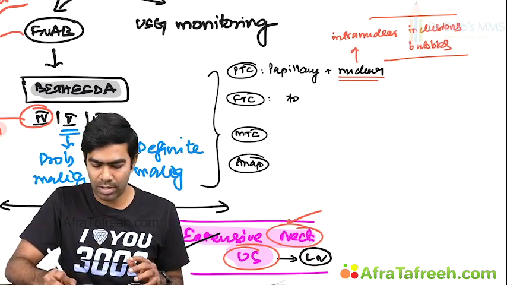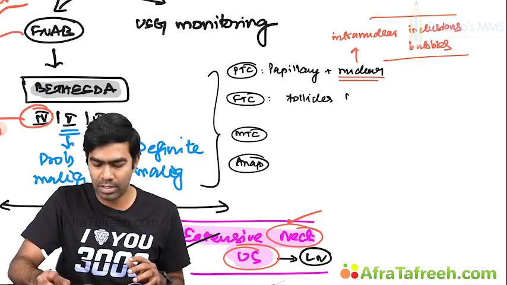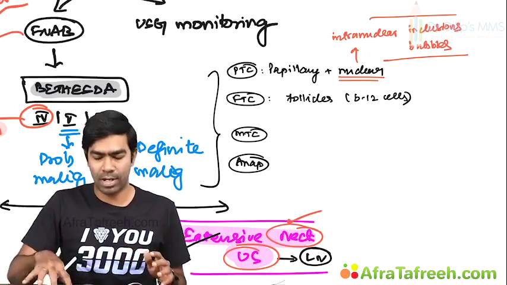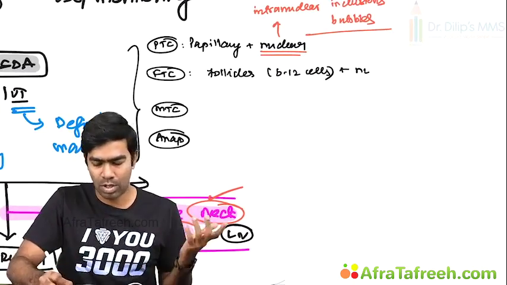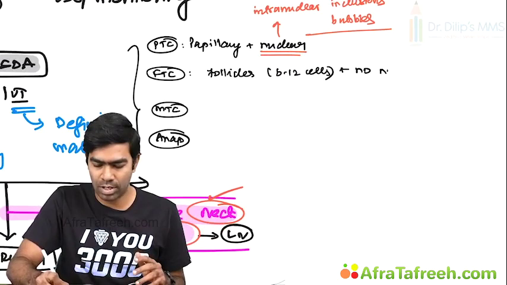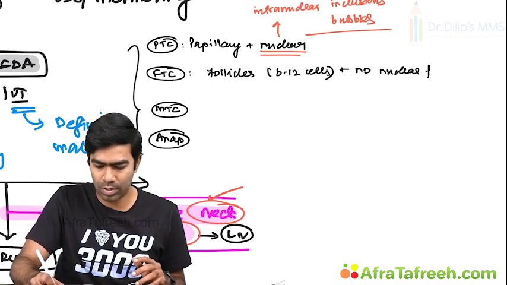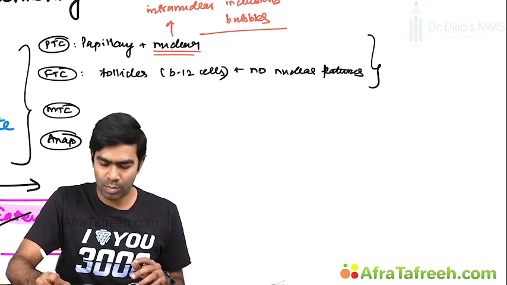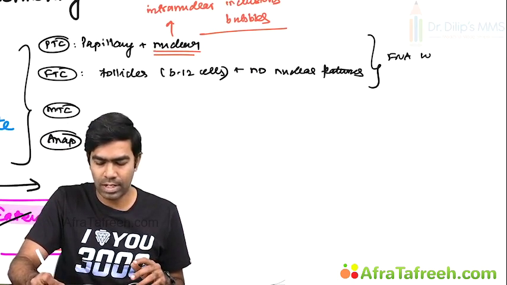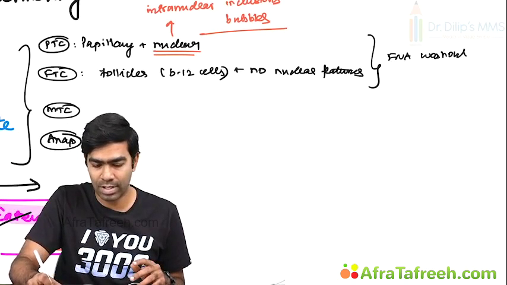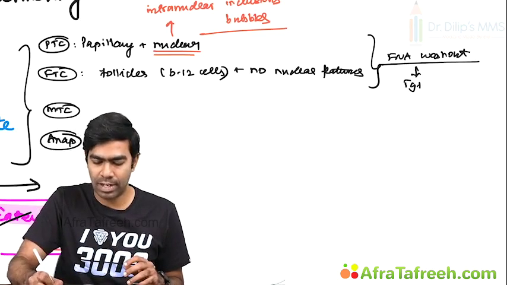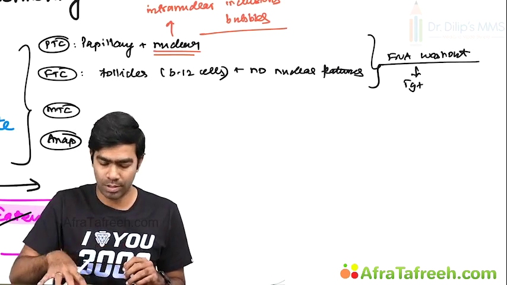In FTC, mostly you will be seeing follicles where there will be 6 to 12 cells or nuclei arranged in a follicular pattern. Plus, similar to what we saw in the frank histopathology, there will be no nuclear features as well. Remember, if you do an FNA washout, we know how to do a washout, I have described this in MTC itself, there will be thyroglobulin positivity. Very important point.